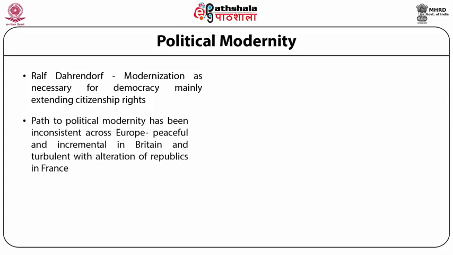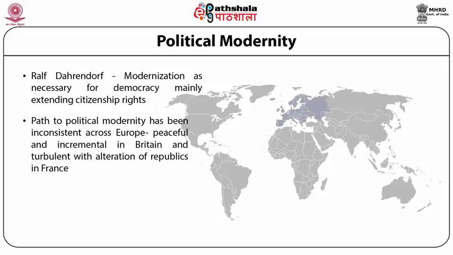The path to political modernity has, however, been inconsistent across Europe. For example, in Britain, the path of political modernization has been peaceful and incremental, whereas in case of France, the establishment of modern political institutions has followed a very turbulent path.